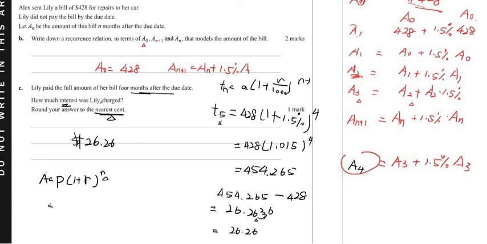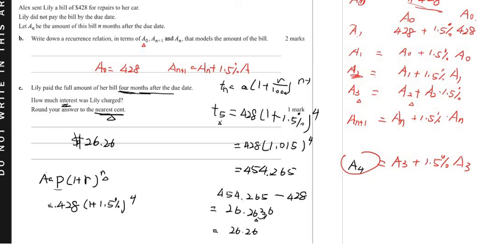Because it says 4 months after the due date, the interest has been compounded by 4 months. Now our principal, which is the starting money that she owes, is 428, times 1 plus 1.5%, still the same, to the power of 4 over here.